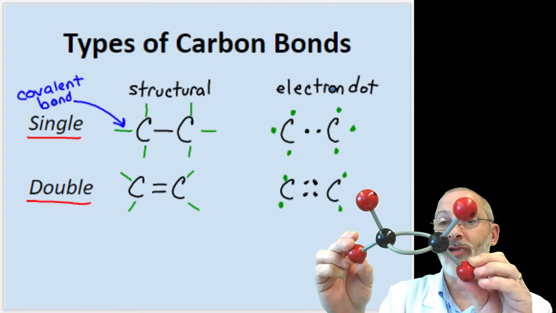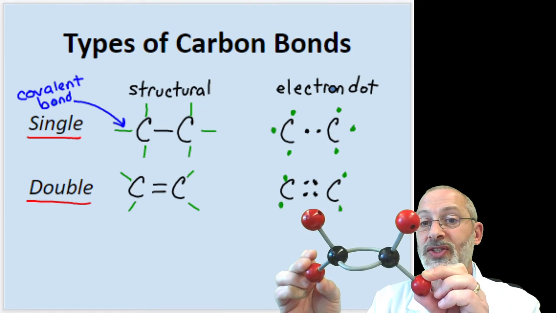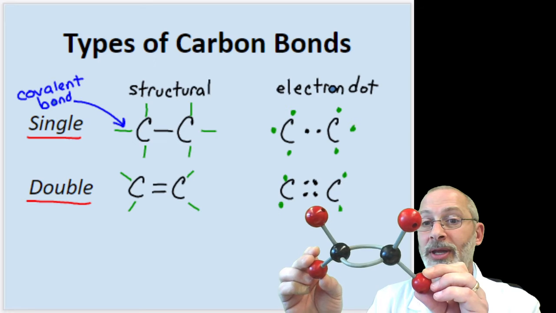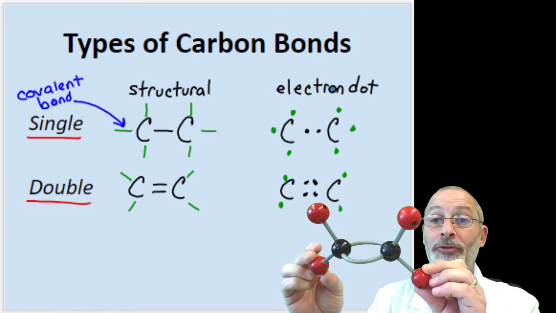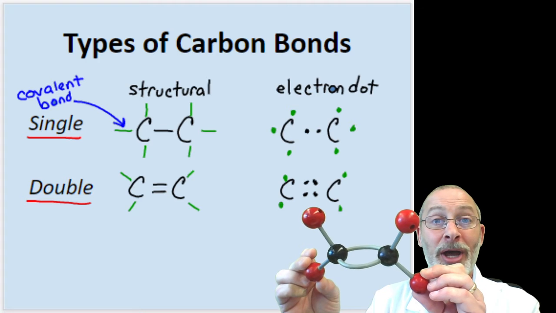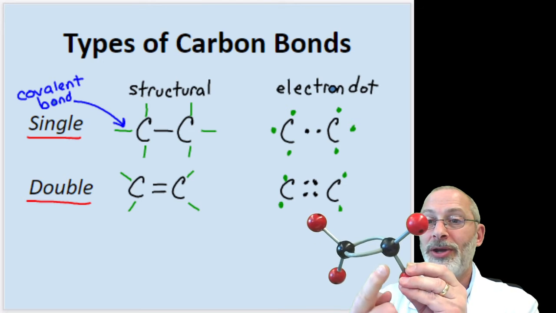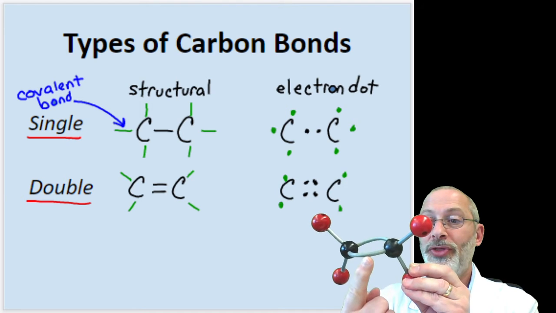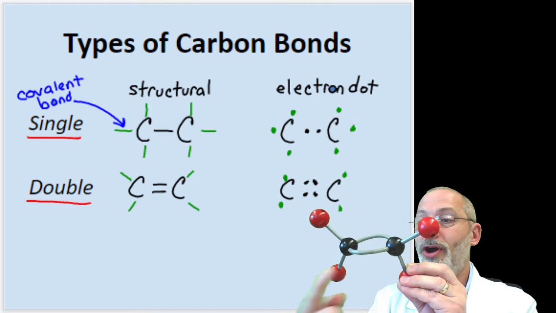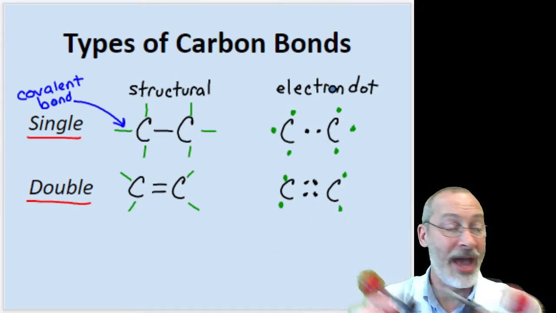So on our structural formula, we've got 2 C's, each C representing a carbon atom. And out from each carbon, how many bonds are there, everybody? 4, the magic number. Check it out. This carbon here, 1, 2, 3, 4. This carbon, 1, 2, 3, 4. 4 is the magic number.